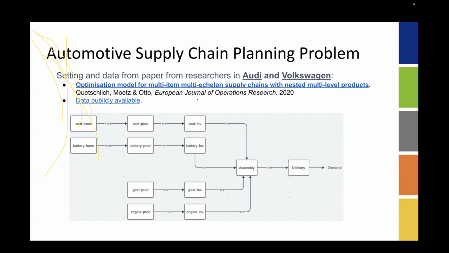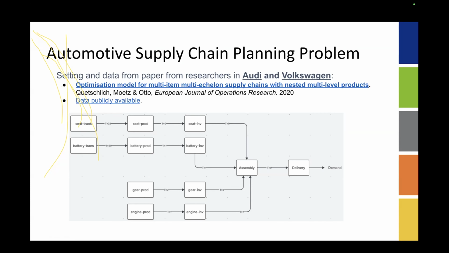And each link is a transportation link, right? This chart includes 4 supply chains: the seats, batteries, engines, and gears of cars. Each link here will take some time for the transportation to finish.